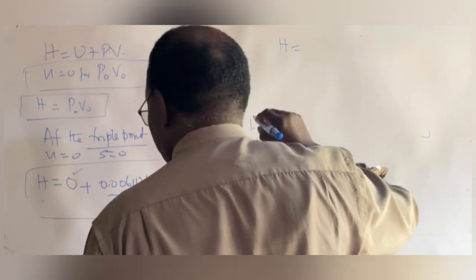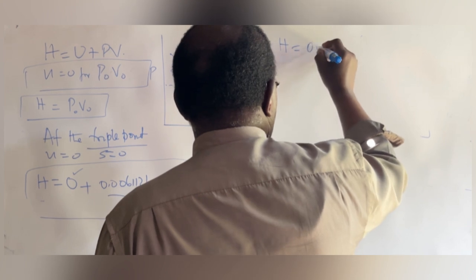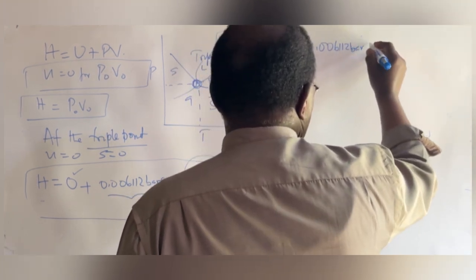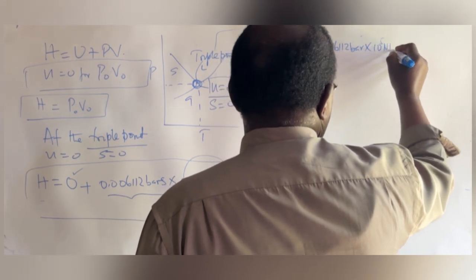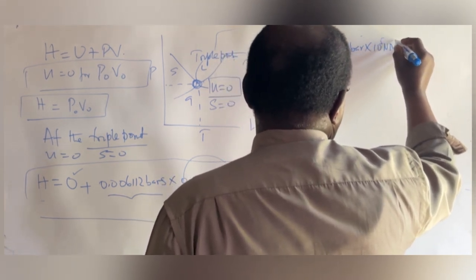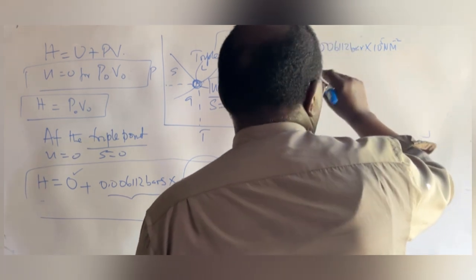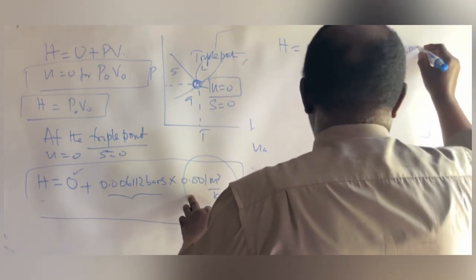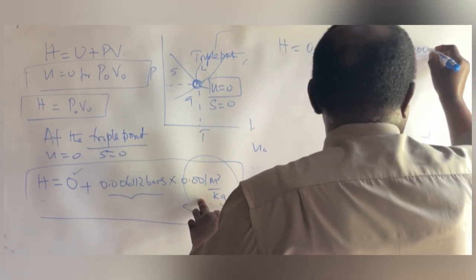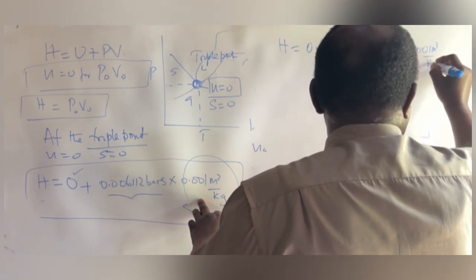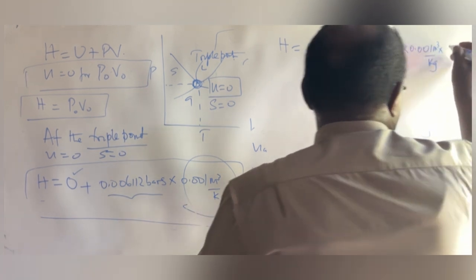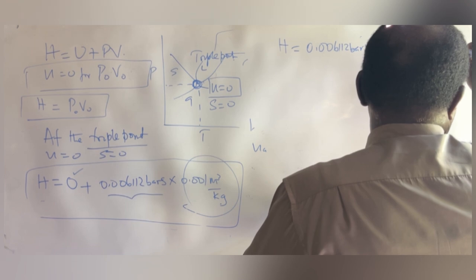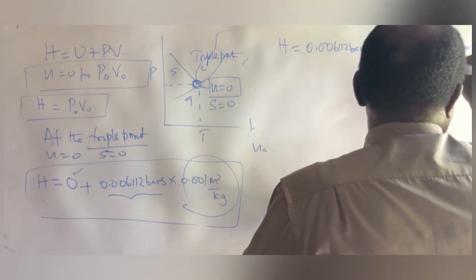Relatively rationalized units, we will have 0.006112 bars times 10 to the power 5 newtons per meter squared per bar, times 0.001 meter cubed per kilogram times 10 to the power minus 3 kilonewton meters per newton meter.